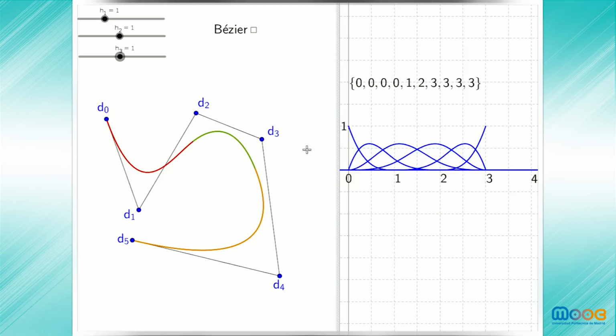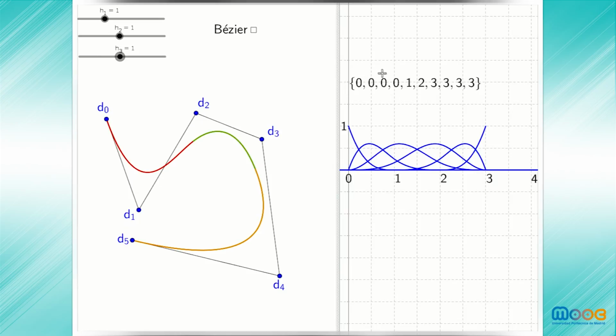On the left of the screen, we see a B-spline curve composed of 3 Bezier components, which are in different colors. H1 is the amount of time needed to traverse the first Bezier piece, H2 to traverse the second Bezier piece, and H3 to traverse the third Bezier piece. In this case, they are all equal, so the B-spline we have here is the uniform B-spline.